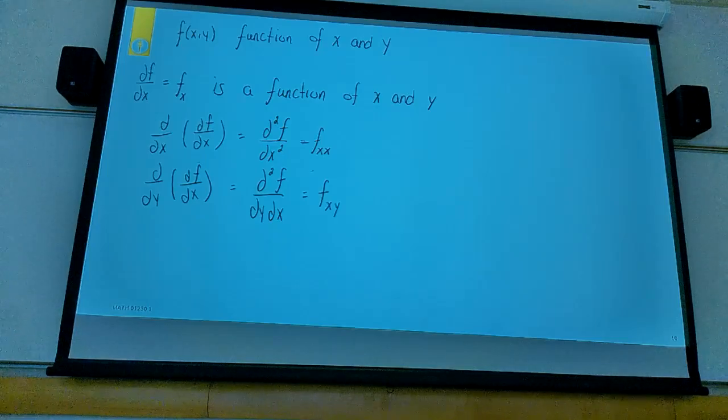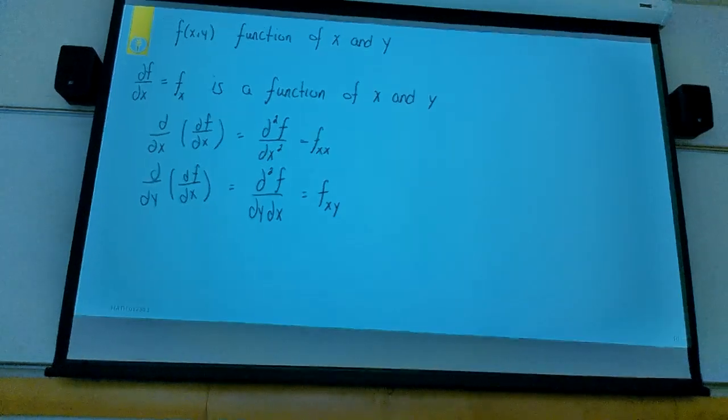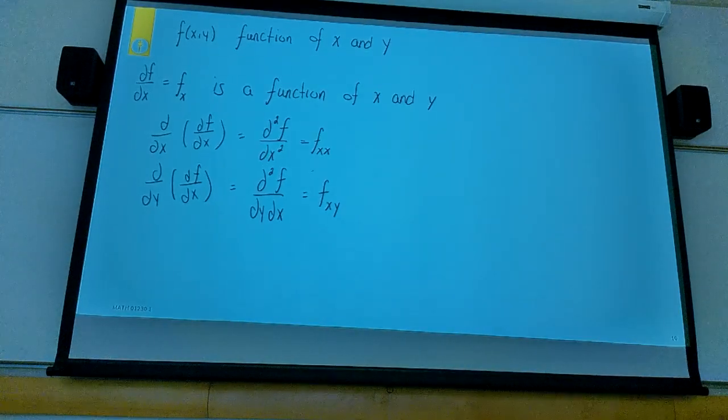But when you write it in this notation, the order is still read left to right. So that'd be first with respect to x, then with respect to y. Pretty sure you were going to bring up Clairaut, right? Well, I was going to say, I thought it didn't matter which one. Yeah, that's Clairaut. I haven't mentioned that yet.